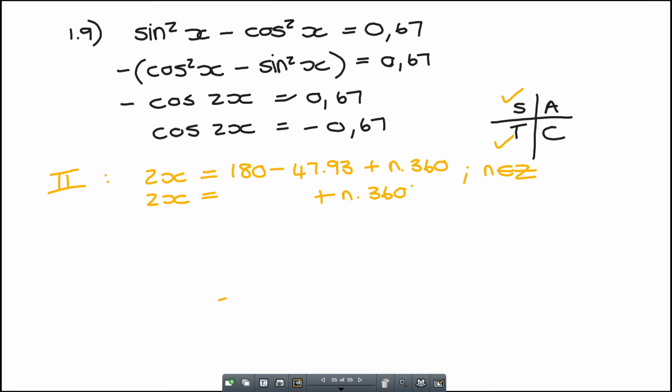En nou daar invul. Okay, 180 minus 132.07. 66.04. Okay, then quadrant 3.